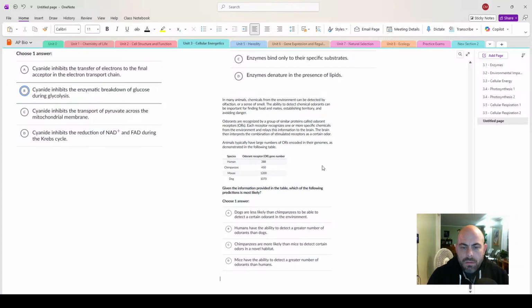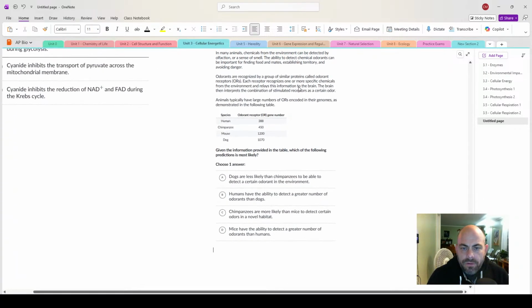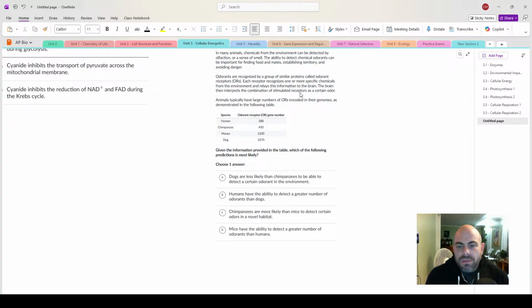All right, let's look at this one. In many animals, chemicals from the environment can be detected by olfaction, or sense of smell. The ability to detect odorants can be important for finding food, mates, establishing territory, and avoiding danger. Odorants are detected by a group of similar proteins called odorant receptors. These receptors recognize one or more specific chemicals from the environment and relay information to the brain.